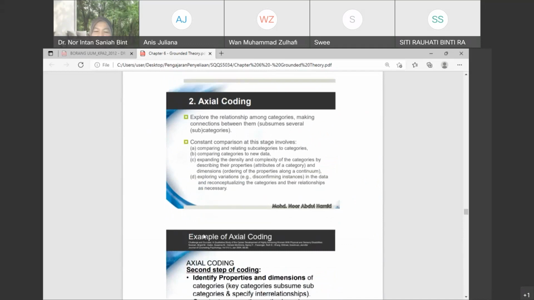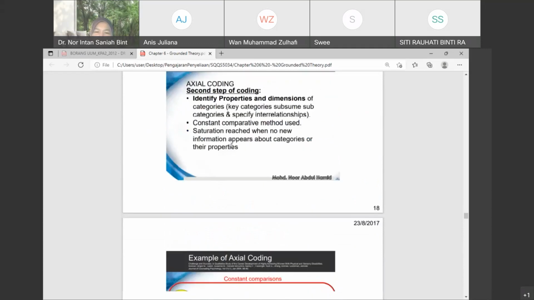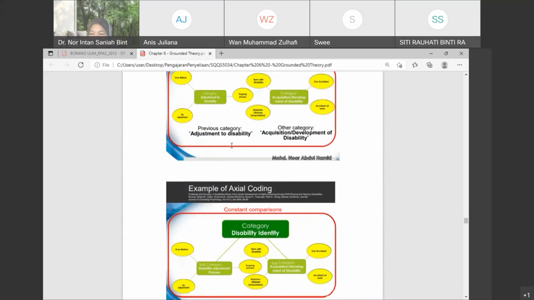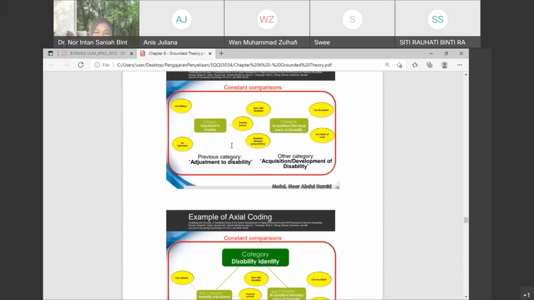Maknanya it can be. Maknanya you buat comparison kan. Tadi saya cerita kita ada constant comparison ni yang Excel ni. Alright, so kalau you nampak dia dah lebih kurang boleh masuk one category, you can proceed out. Okay, macam contoh ni kan. So let's say tadi yang kita buat adjustment kategori ni.